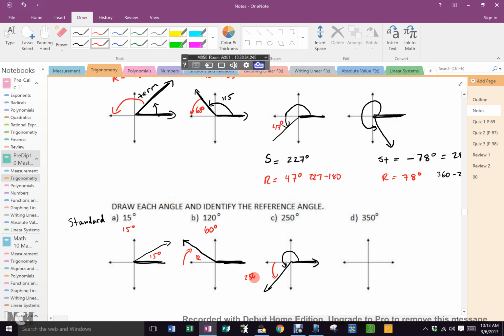This is 250 minus the 180 that is right there, so it is 70 degrees. Cool? And finally, the one that for some reason really causes people trouble. 350 all the way around to here, yes? Well, what's the closest x-axis? Right in there. So what's my reference angle? 10.